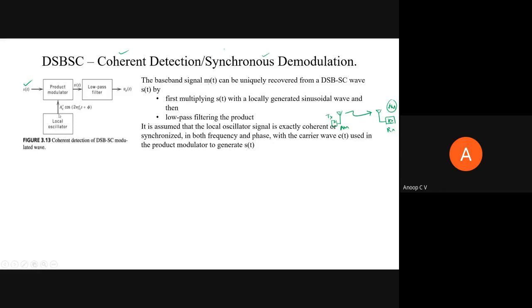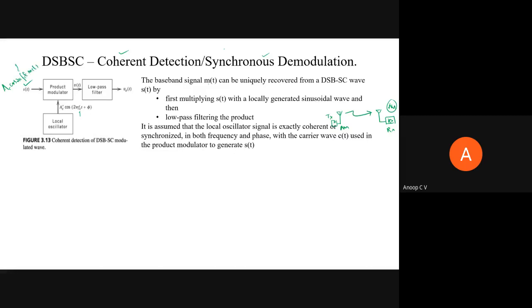But there should be a local oscillator which is aware of the carrier frequency. The carrier frequency is generated at the local oscillator, but the problem is we cannot guarantee precise phase synchronization. S of t is nothing but Ac cos 2 pi fc t into m of t.